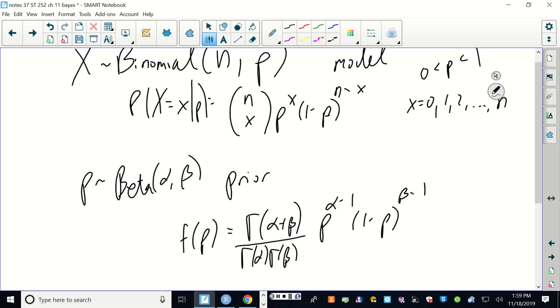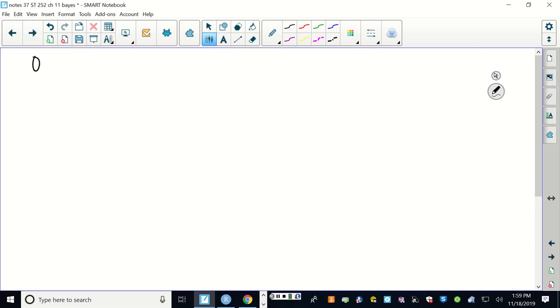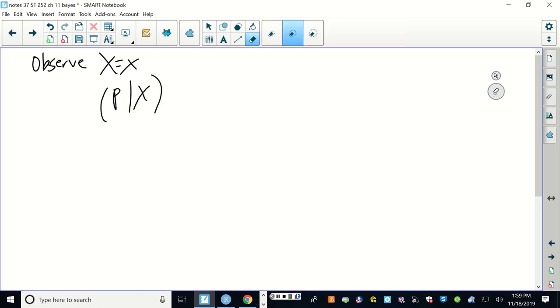And then we say, what's the probability? So now we observe a value, x equals x, and we want the probability of p given x. And I write this as a little f because it's going to be a continuous probability density function. To do that, what is that one?